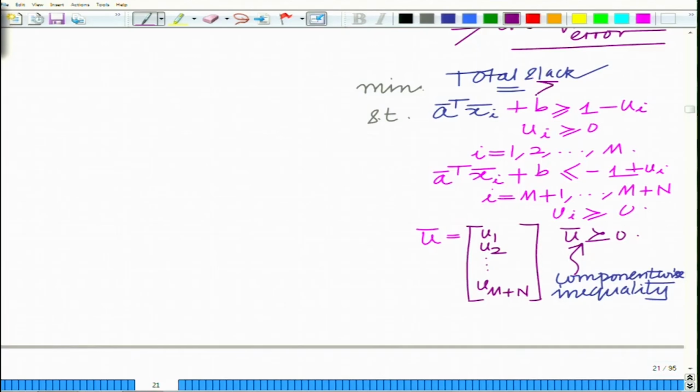Okay. So, I can minimize the total slack, summation i equals 1 to m plus n of u_i, which I can write as 1 bar transpose u bar, where 1 bar is simply the m plus n vector of all ones.